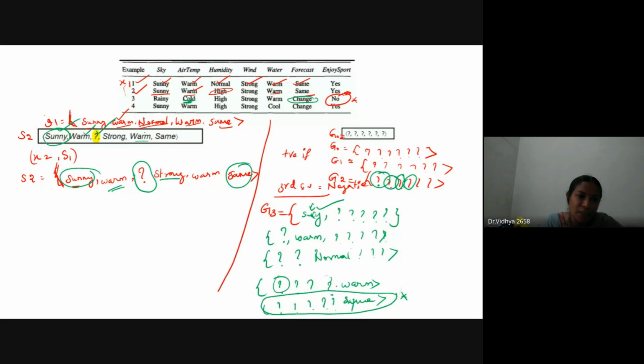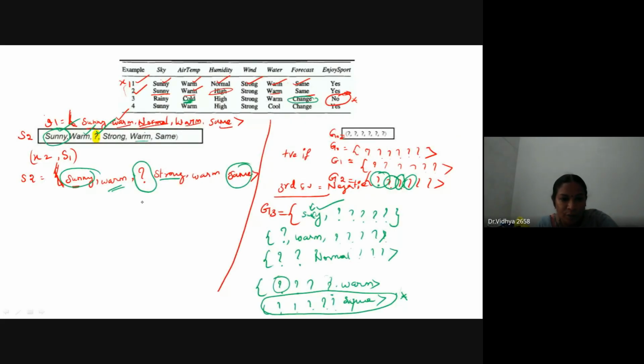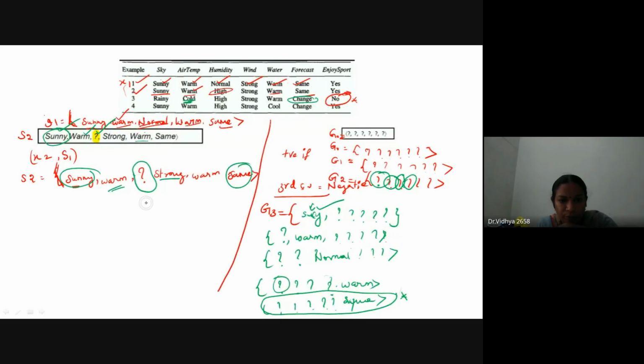I haven't written that here, but that is the nature. Due to that, S3 is the same as S2.